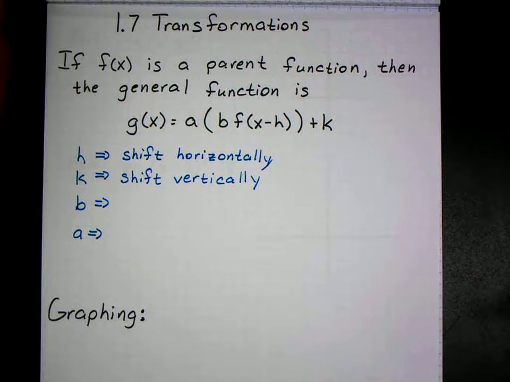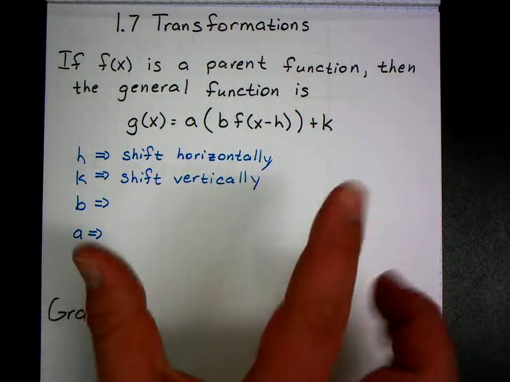What does that do? If I have a negative, it flips it over, right? If I put a 5 in there, what does that do? That shrinks it down, correct?